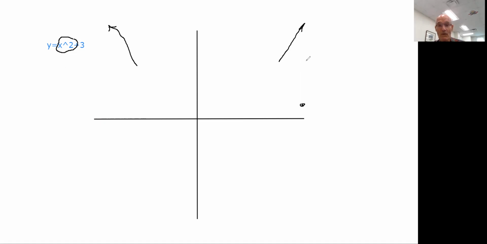Now, I would write this here: if I'm talking about this one going this way, I would say the limit as x goes to infinity, that's a little arrow here, and I put my infinity sign, of the function, which in this case is y, and I would say it's equal to infinity. That's how I write the limit when I'm talking about endpoint behavior.